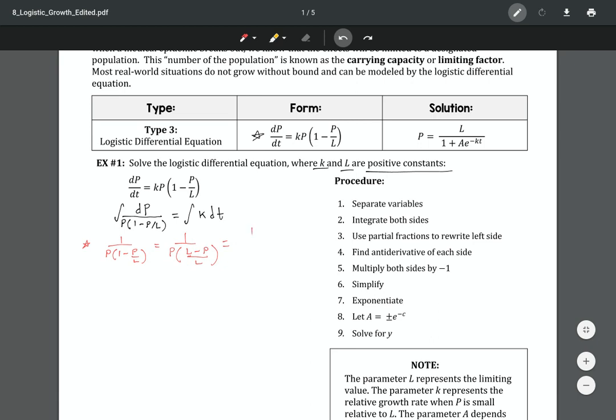When I keep, change, flip, that's going to flip that L, and that L is going to end up on top. So I have L over P times (L minus P) like that.